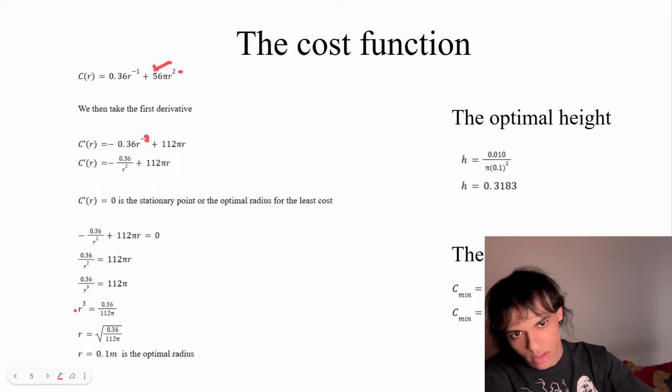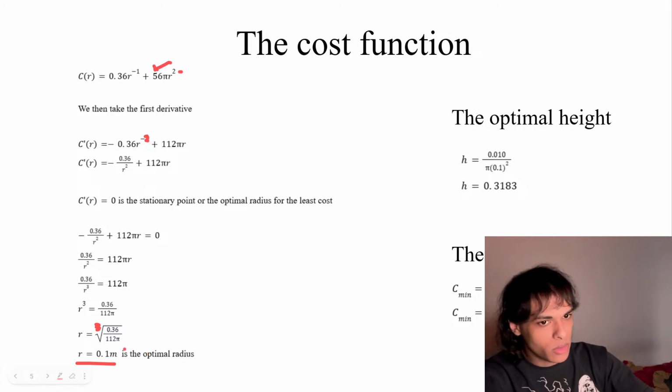Now it's r cubed, and I take this to this side. Now it's 0.36 over 112 pi, and then we take the cubic root. We take the cubic root of both sides, forgot the 3 here, and after putting all that into the calculator, we get 0.1 meter, which is the optimal radius, okay?